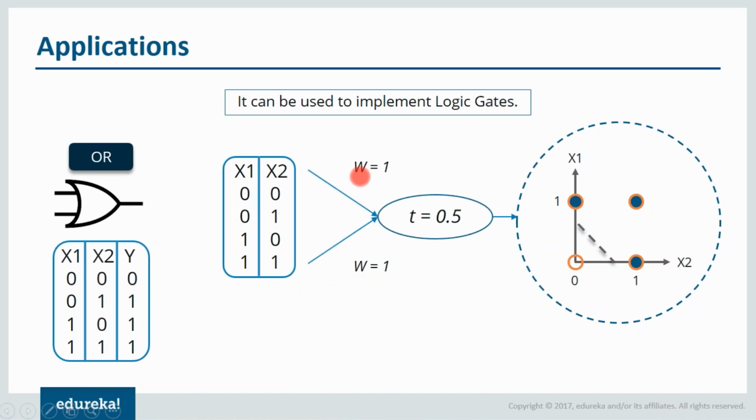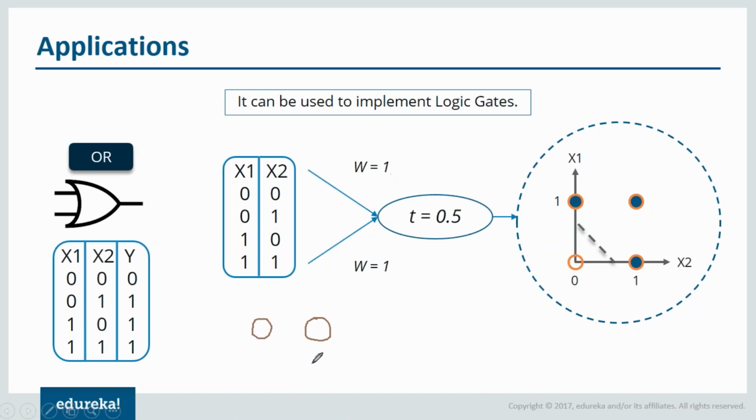So how we have done that: when the value of the weight is equal to 1, and we provide the inputs x1 and x2, after passing through this activation function, we get this sort of a graph, which is the graph for our OR gate. Now, if you want, I could use a pen and explain it to you. We have x1 and x2 as inputs. We provide the first input as 0 and the second also as 0.